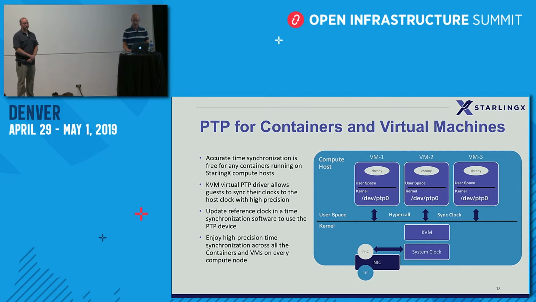Okay, so basically after that, you have your PTP protocol running and set up on the StarlingX nodes, but the idea is not to have the same timestamps on your controller nodes and compute nodes, because you don't care about that. What you care about is synchronizing your workloads.